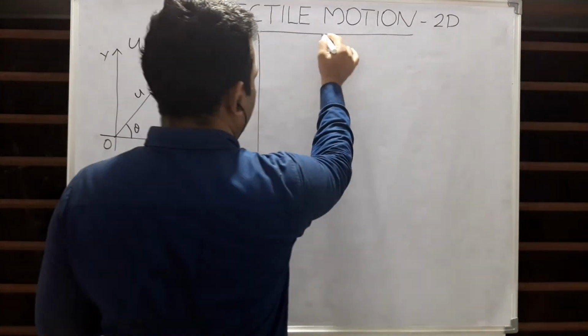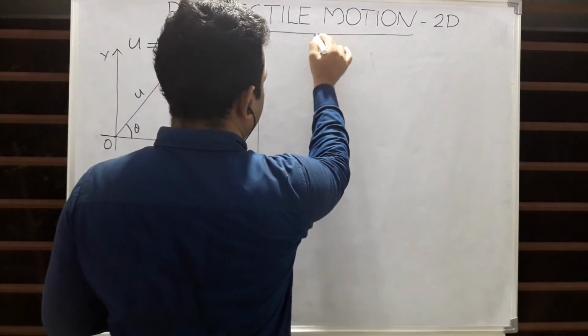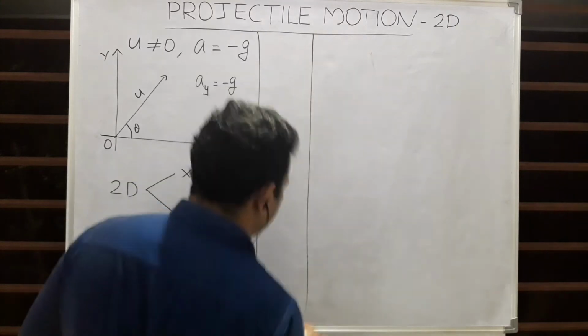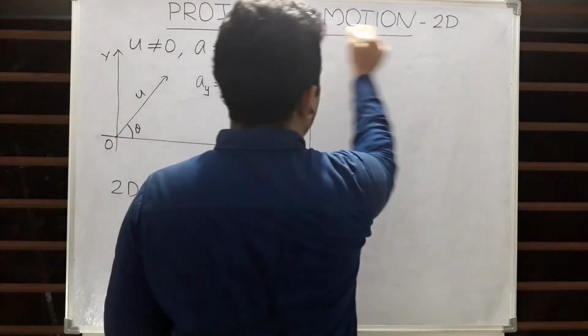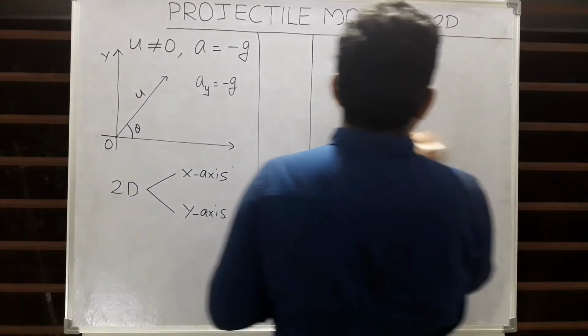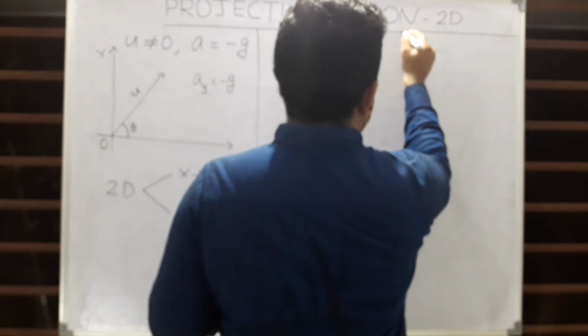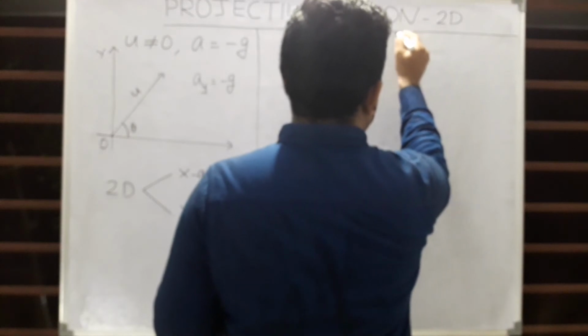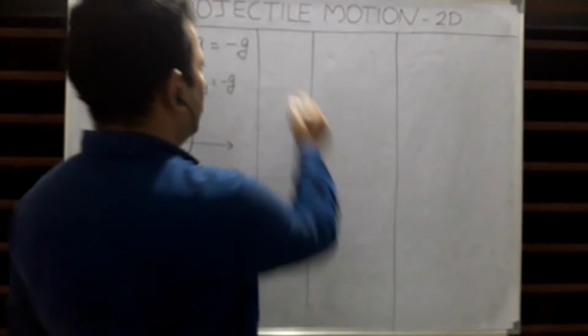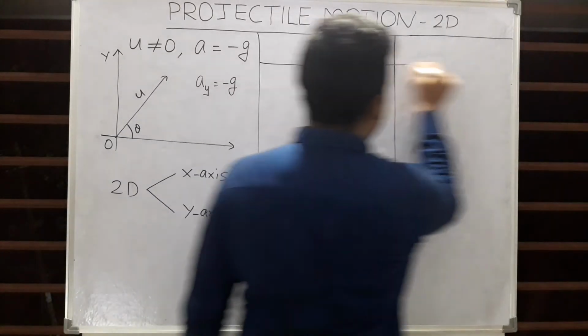In the first column, we will be seeing the different parameters of motion. The second column is left for the x-axis problem, and the third column is meant for the y-axis problem. So I have got this kind of a table.